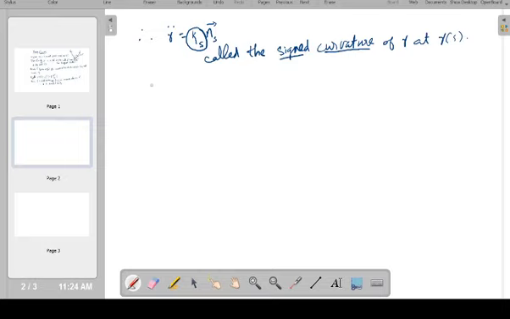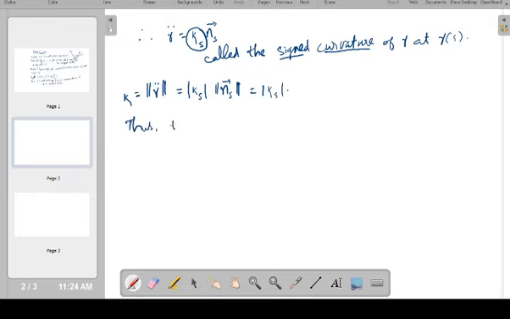Let us take the norm of gamma double dot. What is the norm of gamma double dot? By definition, it is the curvature. And the norm of gamma double dot is modulus of kappa s times the norm of n s. But n s is a unit vector, so this is simply modulus of kappa s. Thus, what is the conclusion?